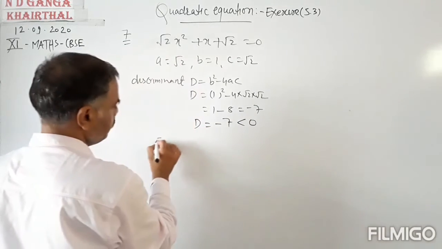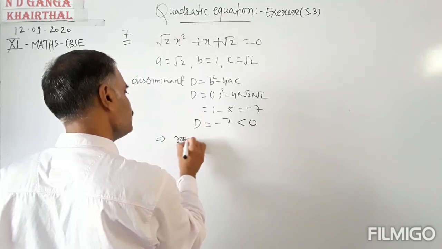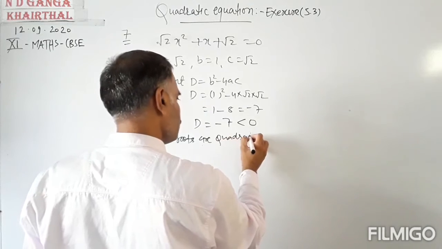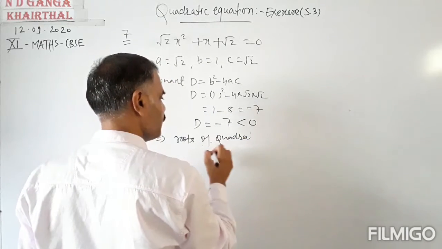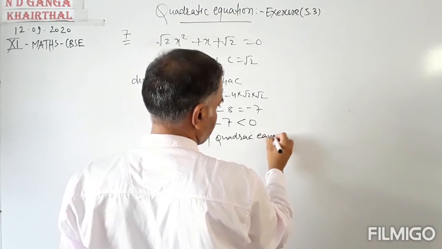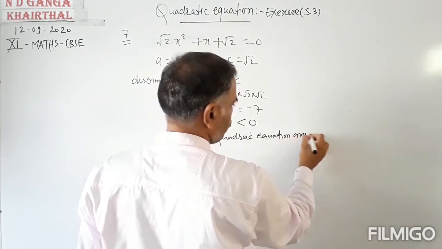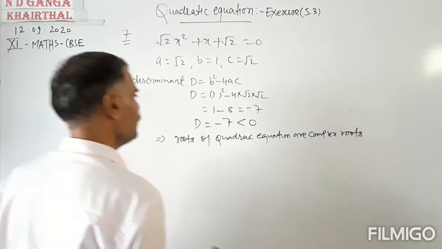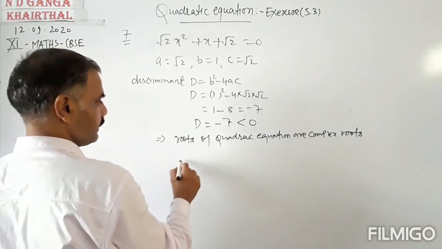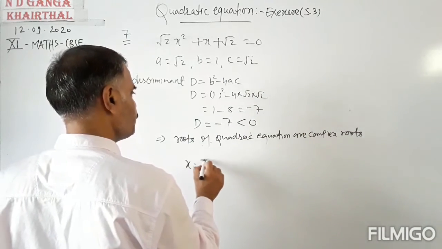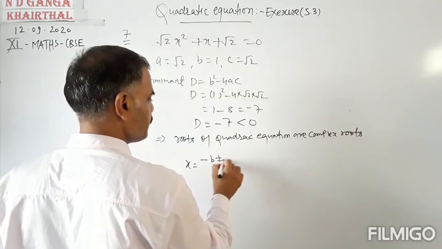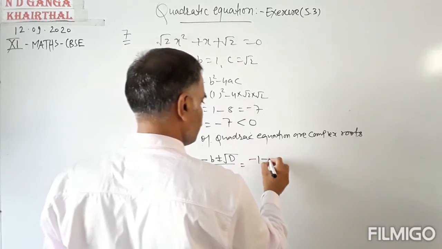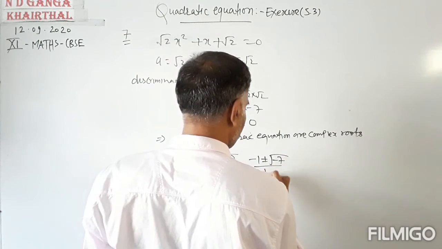Less than 0 implies that the roots of the quadratic equation are complex roots. Now we will find the roots: x is equal to minus b plus or minus under root d upon 2a, equal to minus 1 plus or minus under root minus 7 upon under root 2.